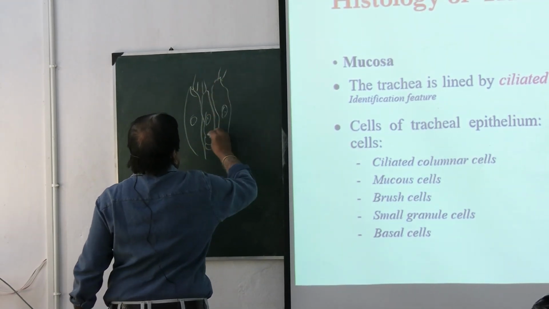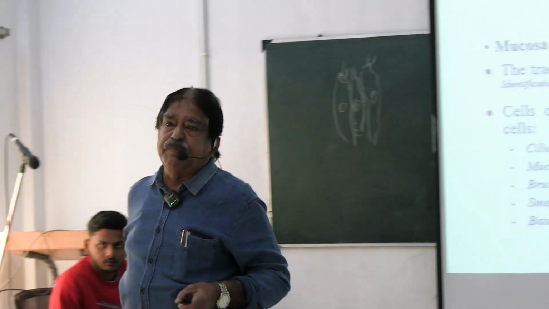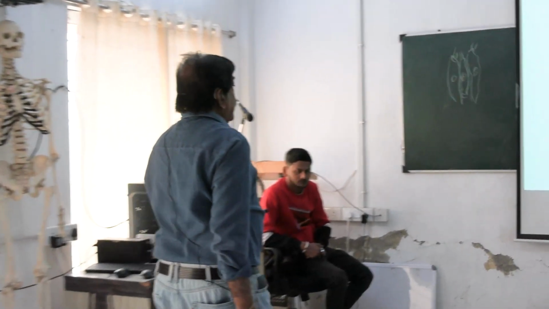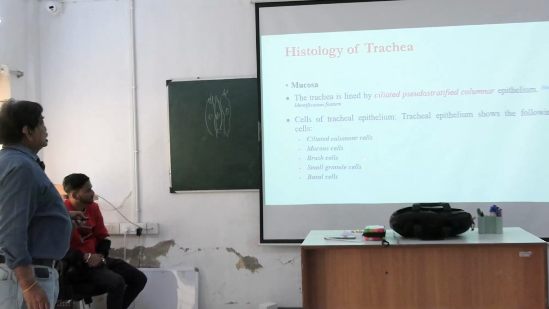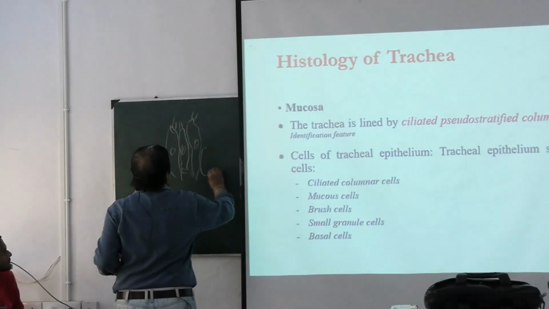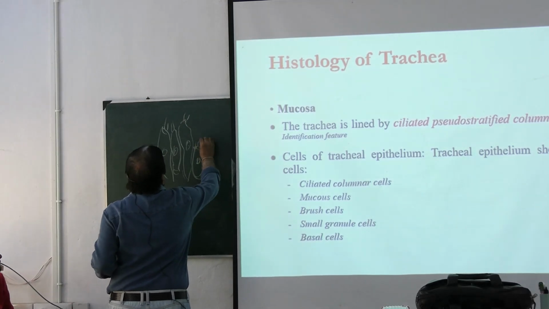The stratification is a different thing. You already know the pseudostratified epithelium character, but I am just repeating it to you. The mucous cells will secrete mucus in between the ciliated cells.